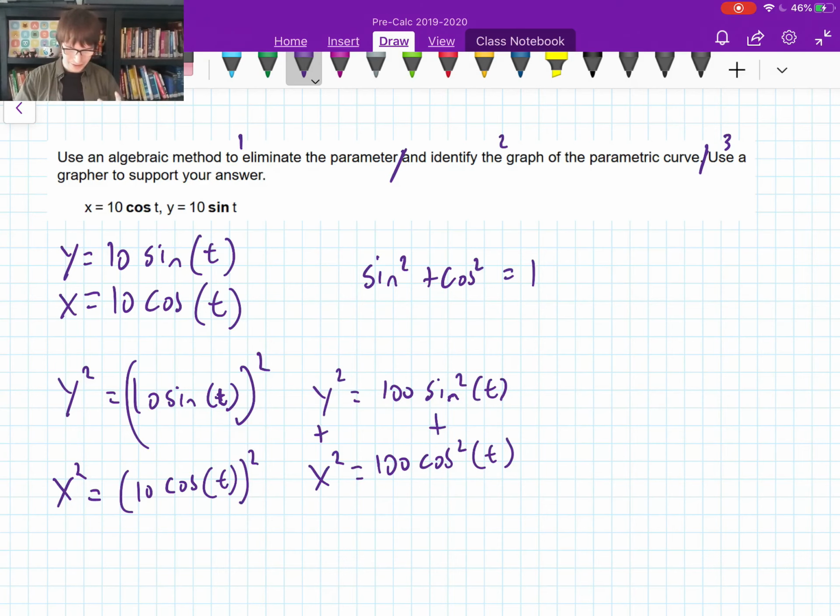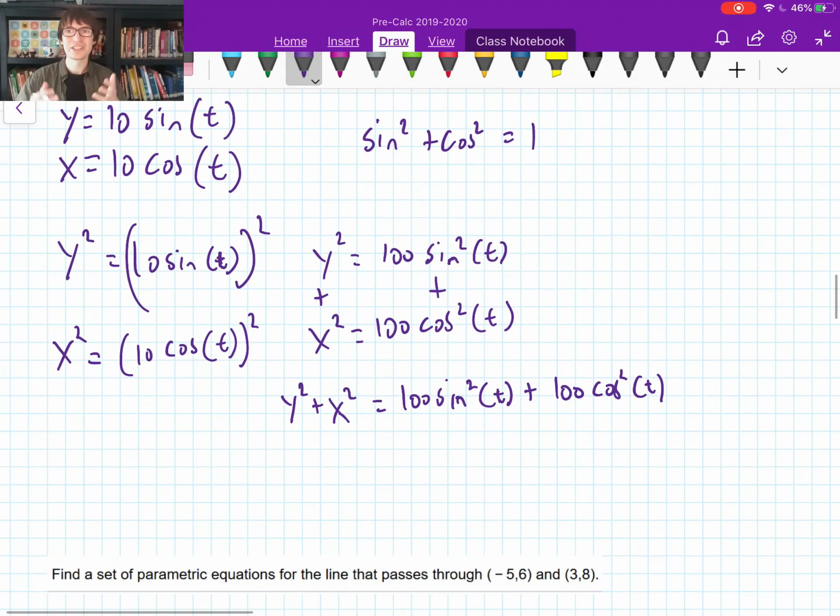But here's the idea. We're going to take y squared and x squared and add them together. So you get y squared plus x squared equals 100 sine squared t plus 100 cosine squared t. So we can almost combine them together. We just need to factor out that 100.